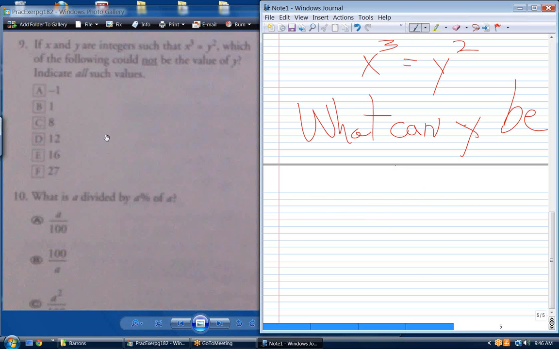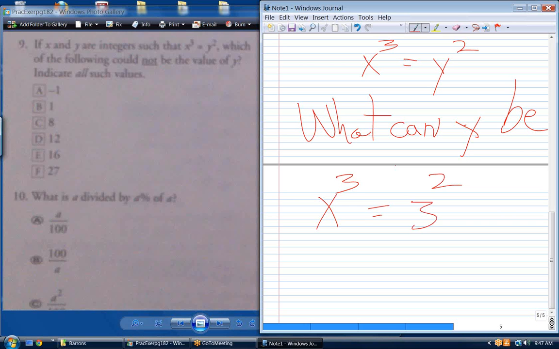Yeah, I don't think I understand this one. Okay. Can y be 1? In other words, let me give you another one. Could y be 3? Could x cubed equal 3 squared with the restriction that x has to be an integer?